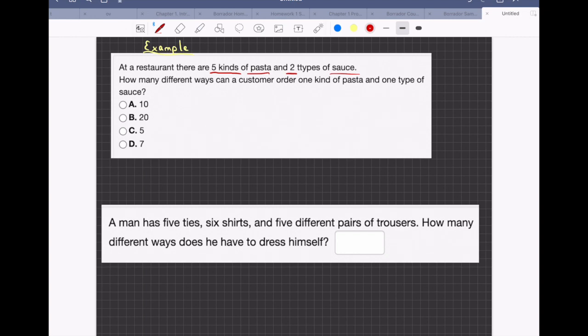So what do we have to do? In this case, it's very simple. We have five possibilities for pasta and two possibilities for the other one. Since we're trying to see pasta and sauce, then we have to do a multiplication in this case because we're trying to form a sequence. So in this case, it's going to be only 10.